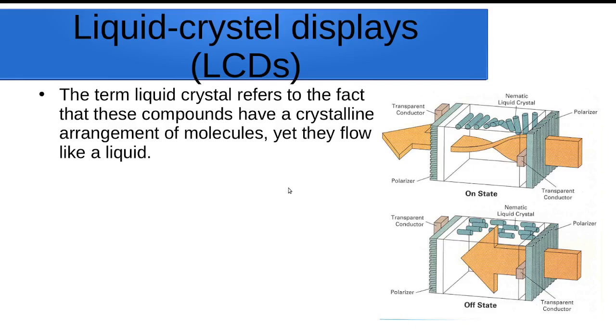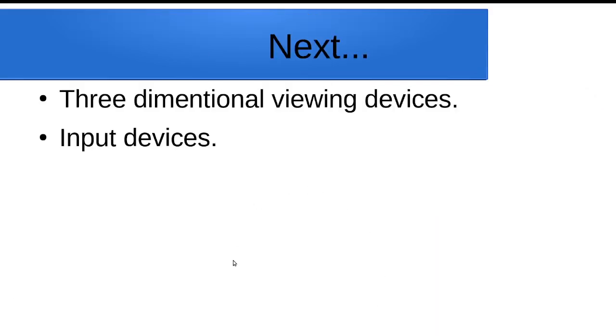The next thing we can understand will be the three-dimensional viewing devices and input devices. Such devices may include stereoscopic or virtual reality system devices, where we see three-dimensional objects.